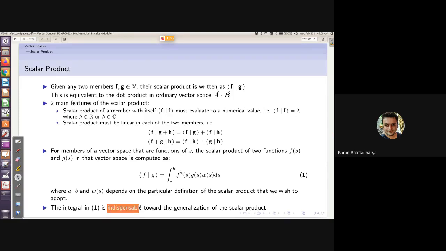We have to integrate, there's no escape from this. This integration is required, and it allows us to generalize the concept of the scalar product.